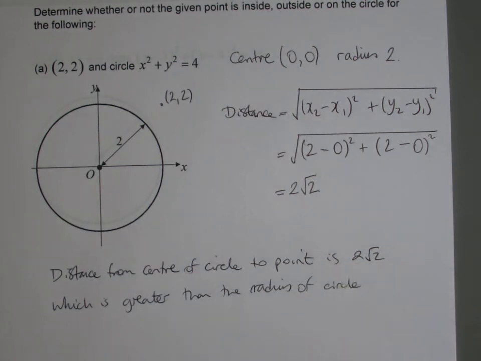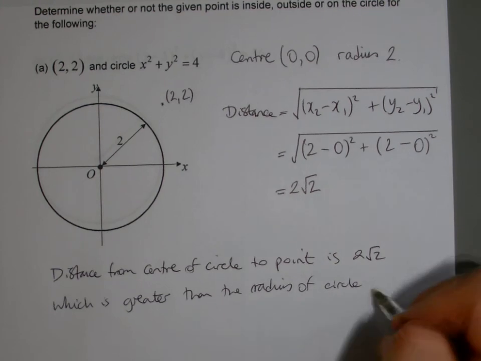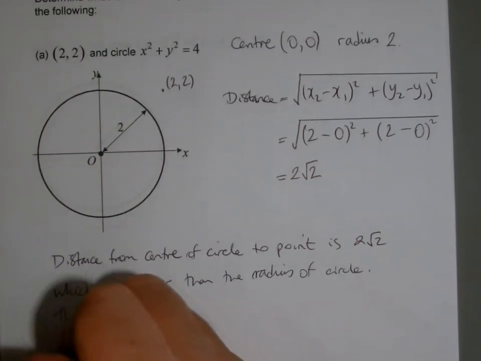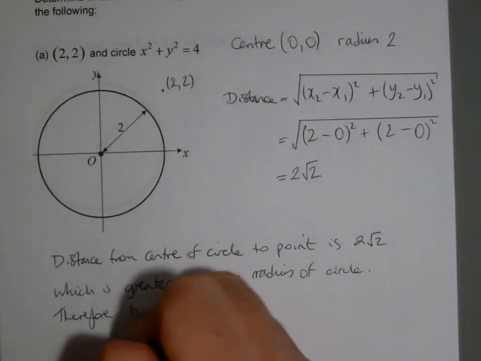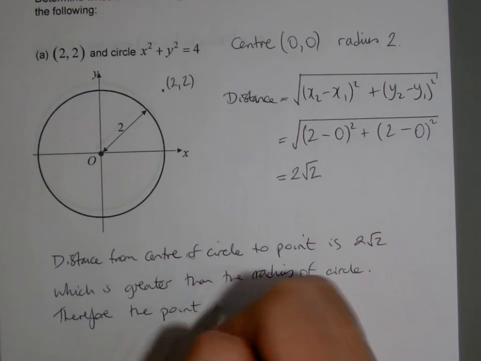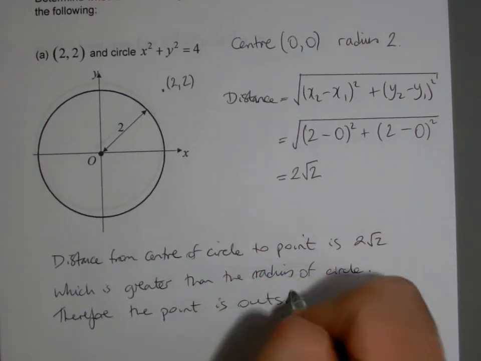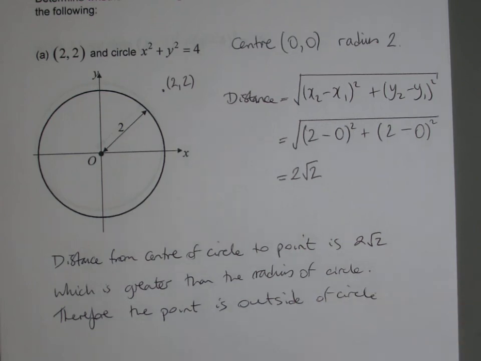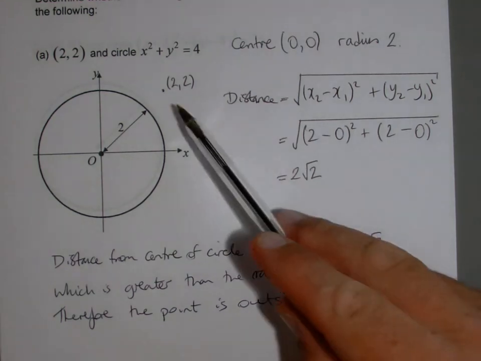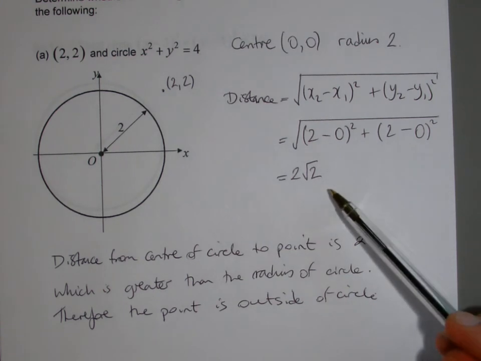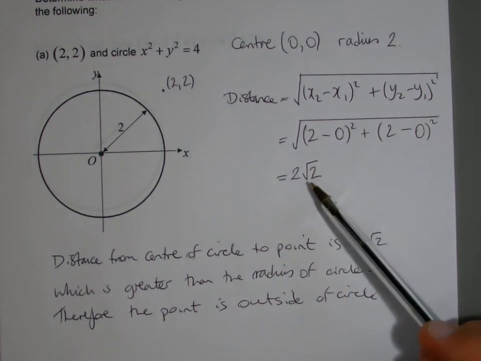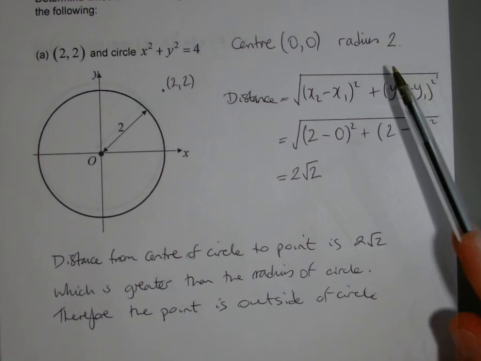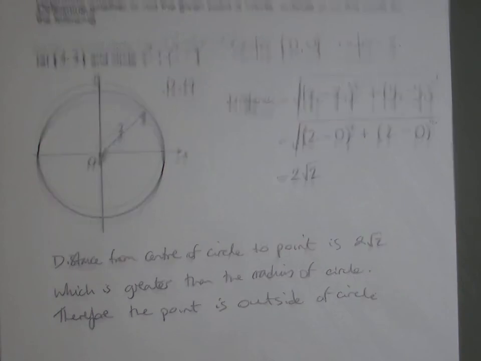Thus that proves that the point is outside, therefore the point is outside of the circle. Hope that's clear to you there. The fact is, the distance from the point to the center is 2 root 2, and that's greater than the radius of the circle, so it's got to be outside, isn't it?